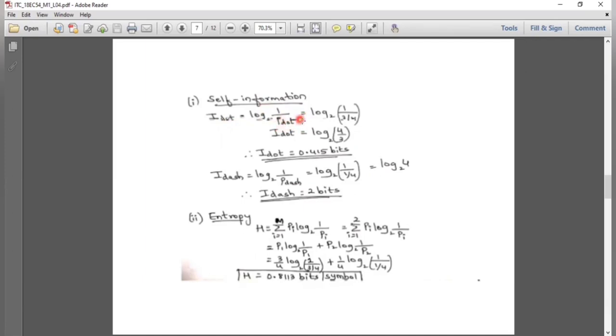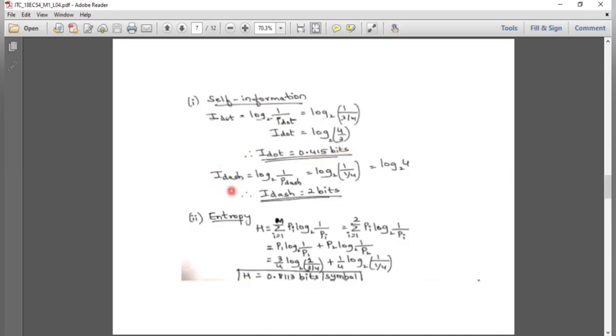Substituting probability of dot, which is 3/4, we'll get I dot as log of 4/3 to the base 2, which can be computed as log 4/3 whole divided by log 2, which gives us information conveyed by dot as 0.415 bits.